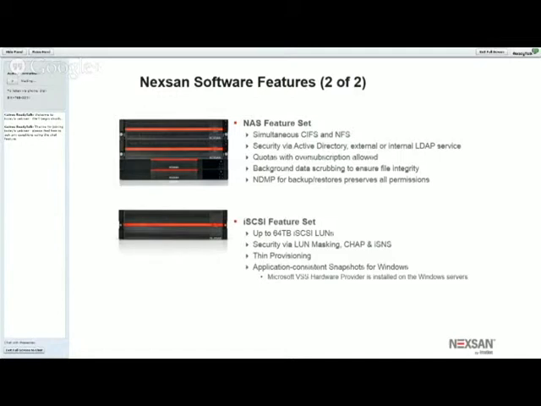One other thing you get, depending on whether you're choosing NAS, now the 6530 does come as both a block as well as a file system. The 5000 series, I can get it in either or both. So by the feature set in a NAS, it's a simultaneous CIFS and NFS, and that's serving out an individual share as both CIFS and NFS.